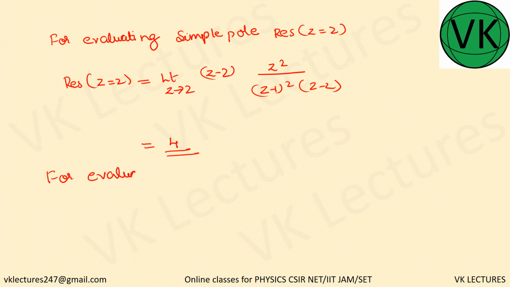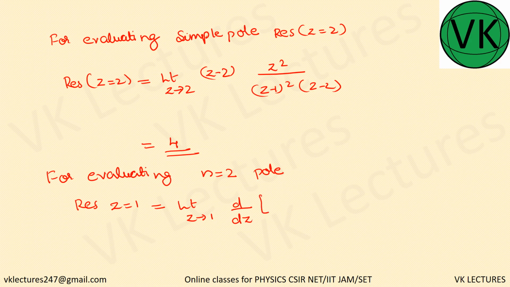And for evaluating, n is equal to 2, for residue at z is equal to 1, limit z tends to 1, d by dz of (z minus 1) whole square into f of z. f of z is z square divided by (z minus 1) whole square into (z minus 2).